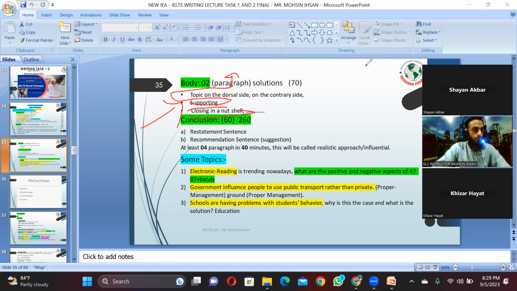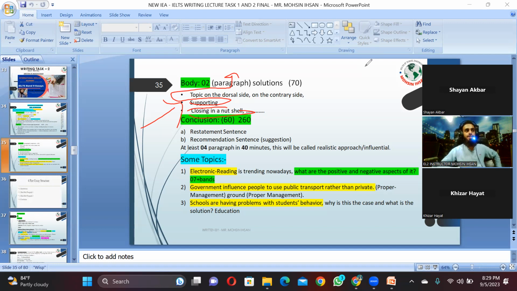To write a proper conclusion to your essay, you have two parts. One is called restatement: whatever you have written so far, you are supposed to restate, in 2 or 3 sentences. Whatever you have said in your essay, you have to restate it.